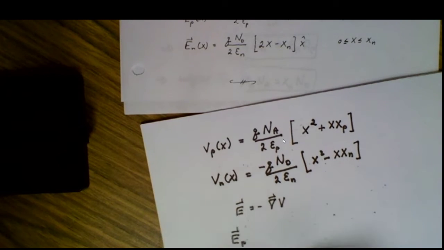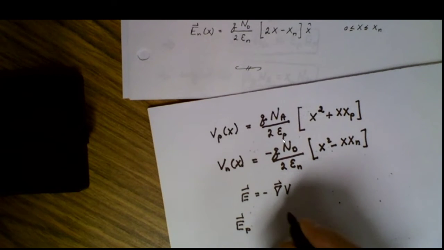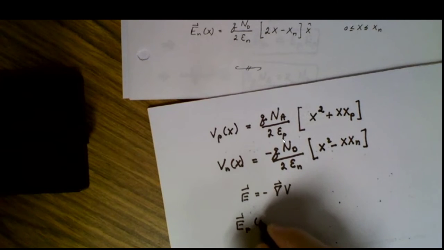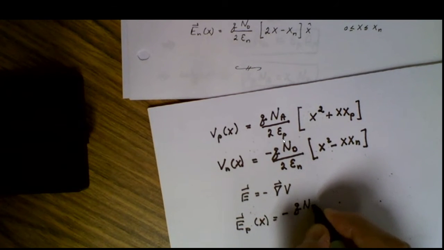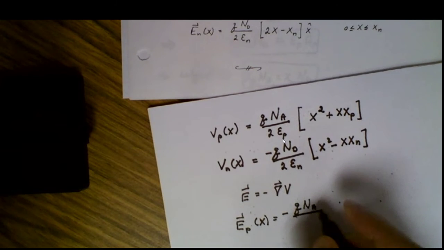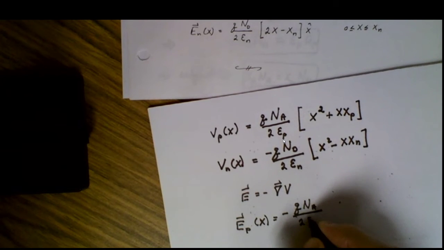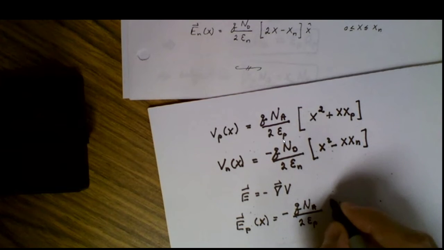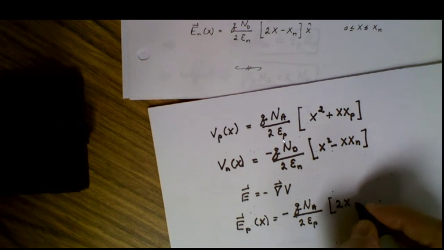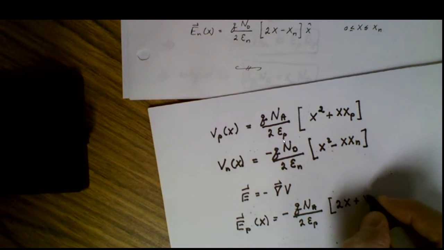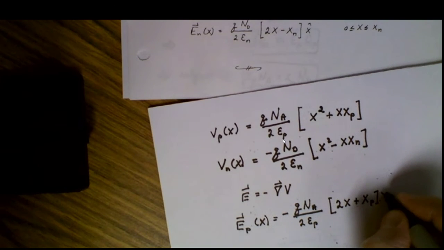The electric field due to the P material, and this is now a vector because the gradient operation is a vector, function of x, is going to be equal to minus q times n sub a divided by 2 times the permittivity of the P material times the quantity 2 times x plus x sub p in the x direction.